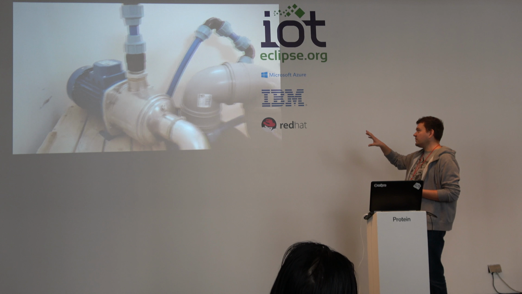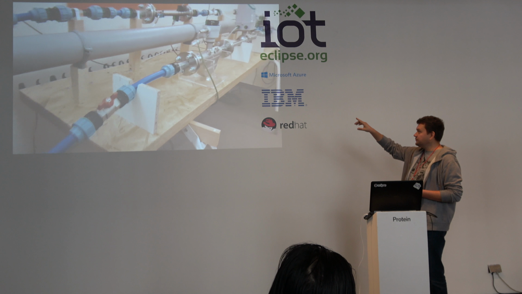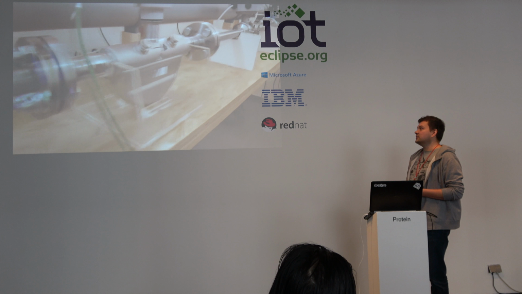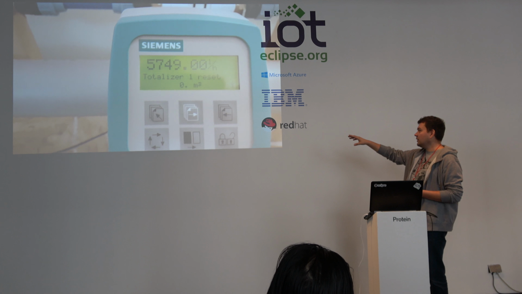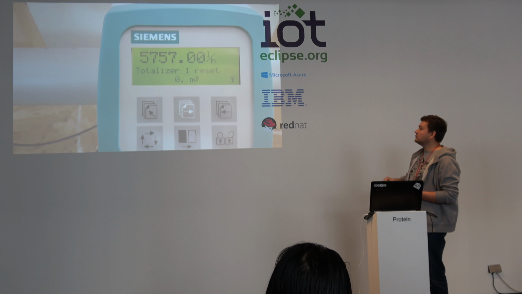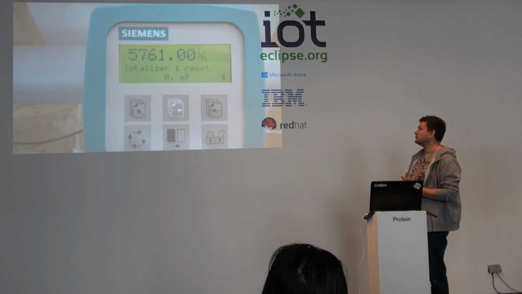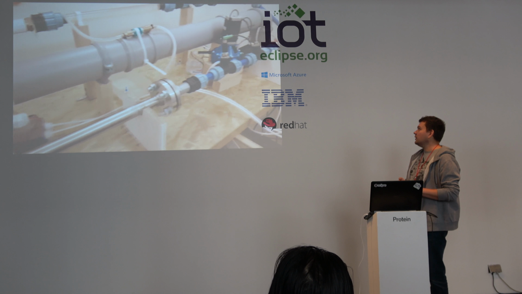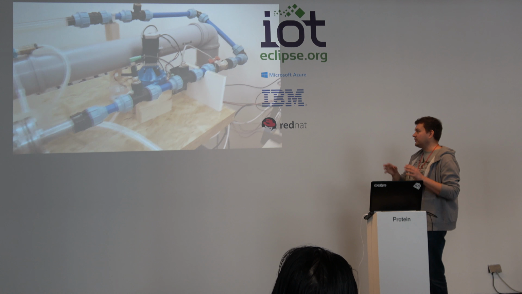There is a pressure sensor, but it's not needed. Here is the first flow meter. The green cable is a Modbus cable to the PLC. The second flow meter, a lot of cables.